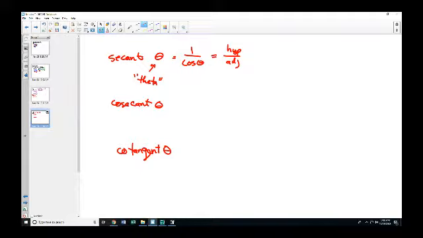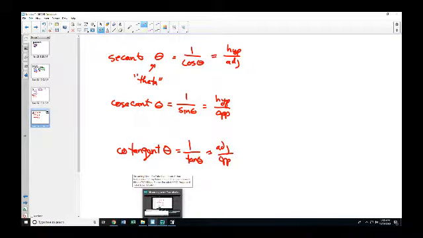That would be cotangent. Cotangent is 1 over tan, which is adjacent over opposite. Cosecant would be 1 over sine, which is hypotenuse over opposite.